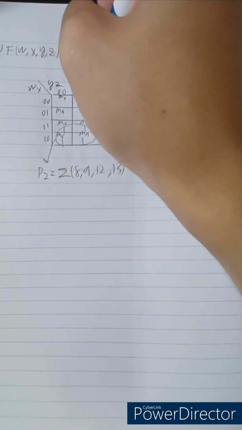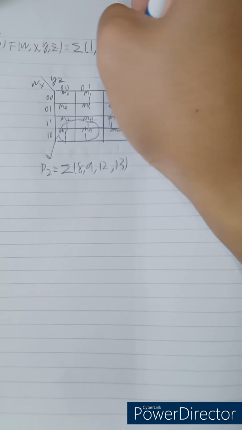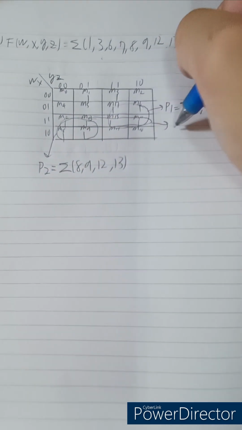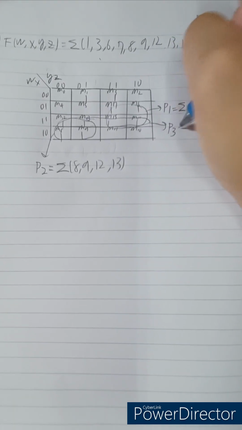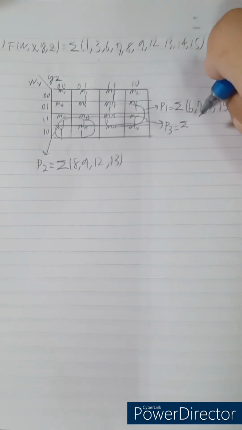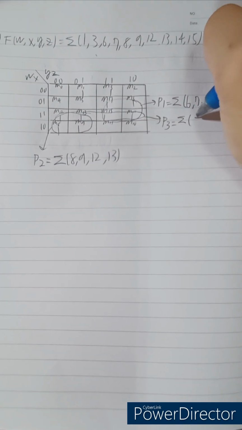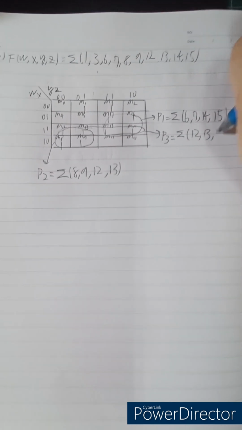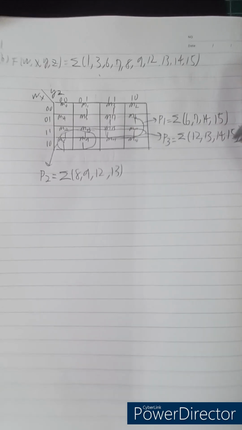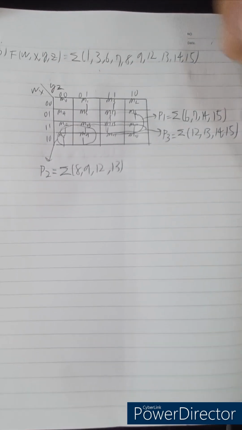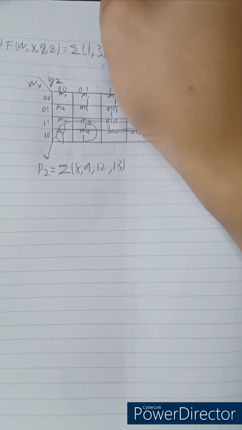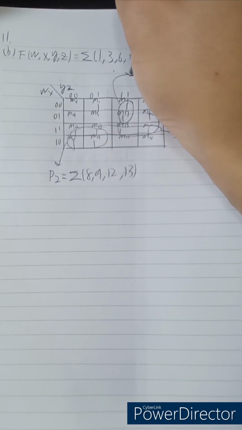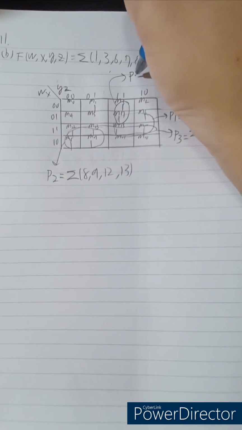And here is also a prime implicant. We call it P3. Here is a prime implicant. Call it P4.